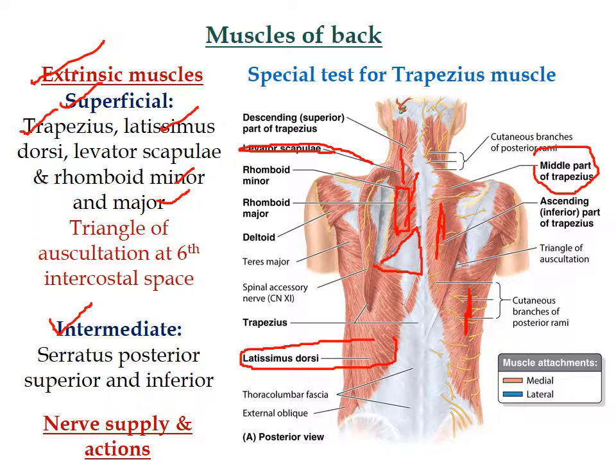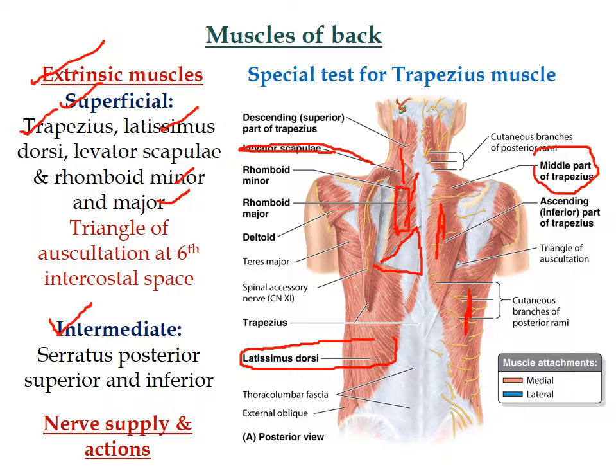The latissimus dorsi is supplied by the nerve to latissimus dorsi, coming from the brachial plexus. The cervical plexus, as I told you, is for the levator scapulae. The rhomboides major and minor are supplied by the nerve to rhomboides. That's all about the nerve supply.